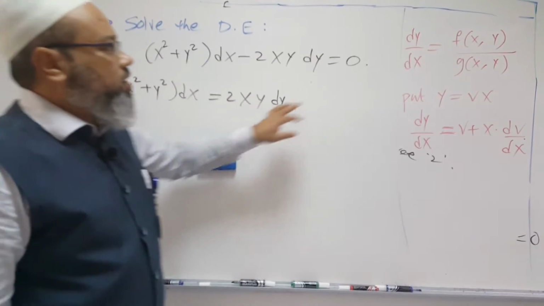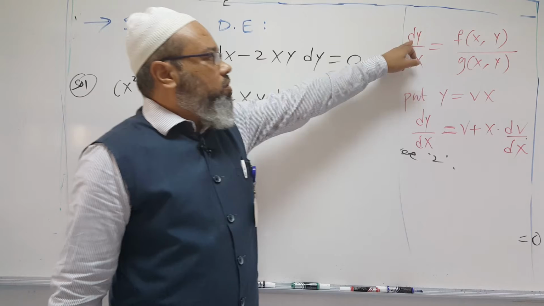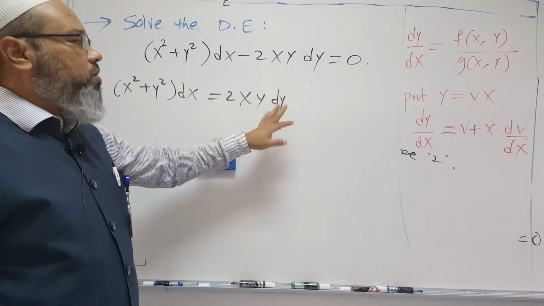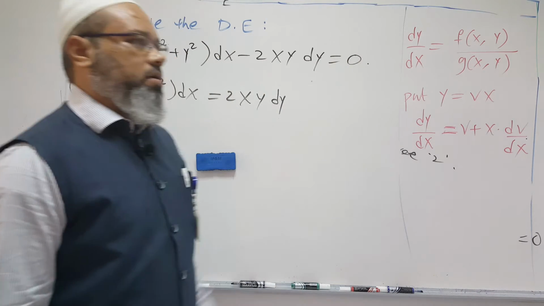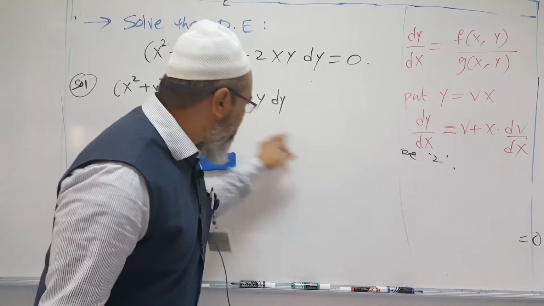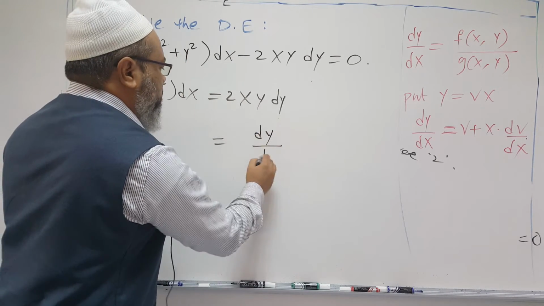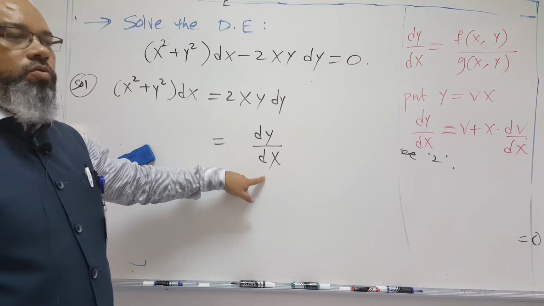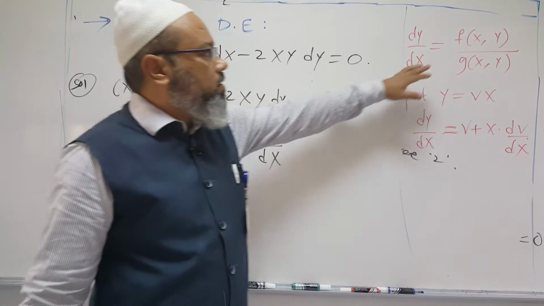Later we need on one side only dy by dx, dy in the numerator, dx in the denominator. Dy is already in the numerator, no need to change. Dx should be in the denominator. So let us send dx to the other side, down in the denominator.